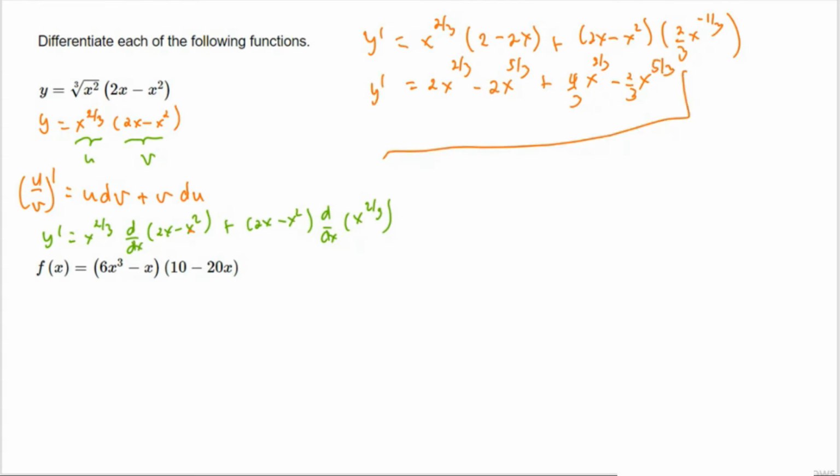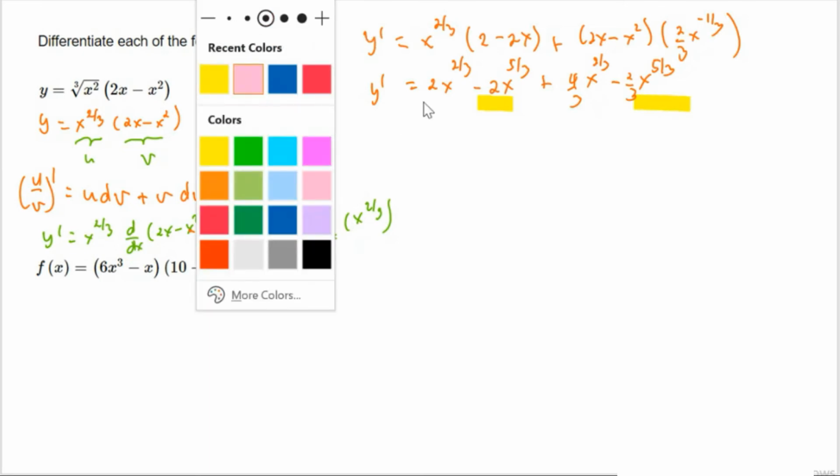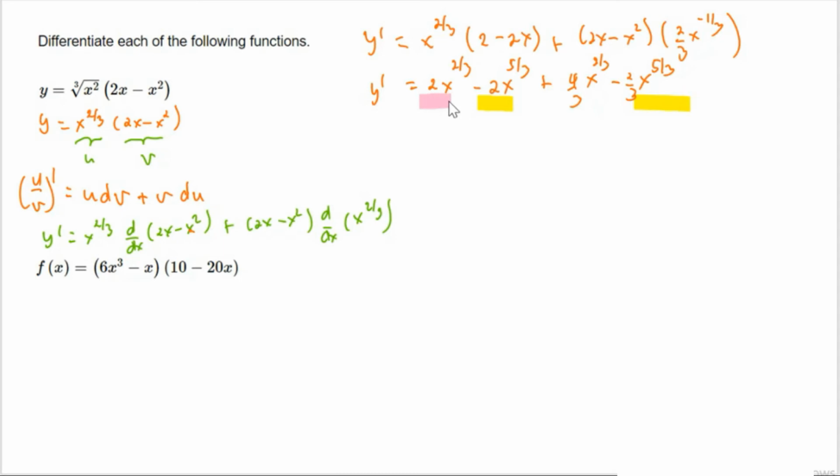Since I have noticed that there are like terms, the like terms here are the terms in x to the power of 5 over 3, as well as the terms in x to the power of 2/3.